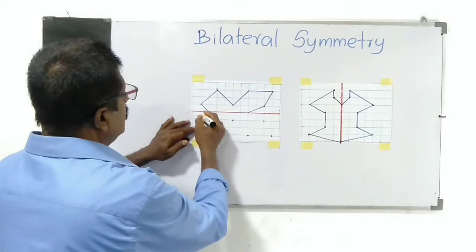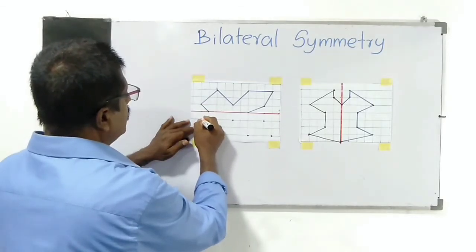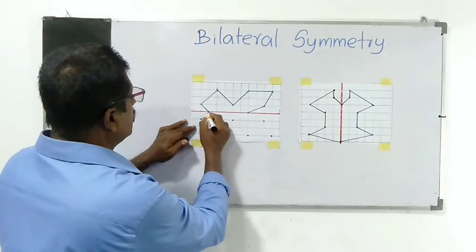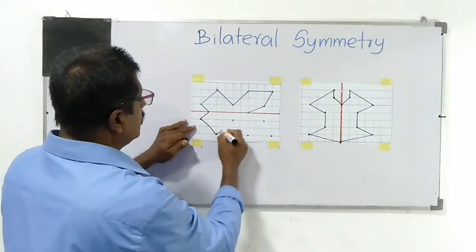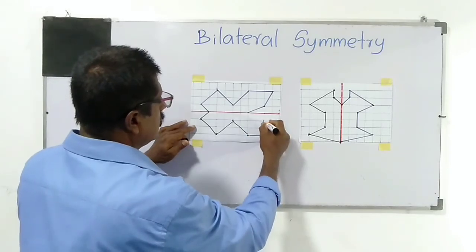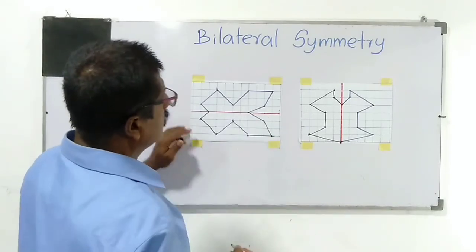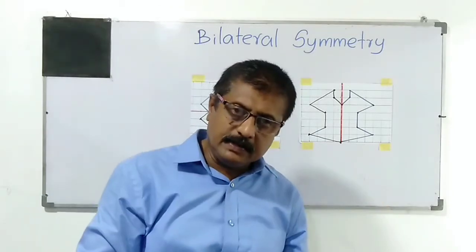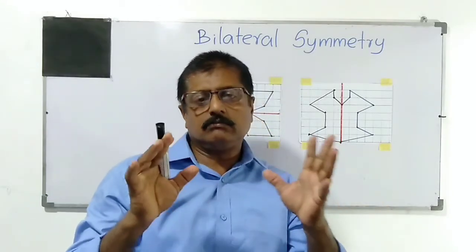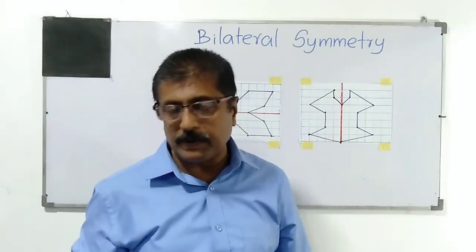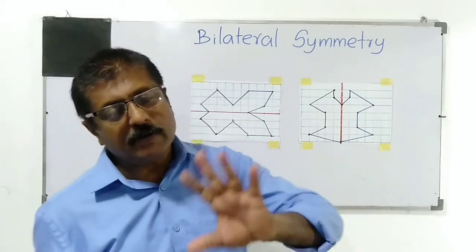Then this one 1, 1. Now you can join them. Here you are, like this. So this is the method of creating a bilaterally symmetric figure on a square ruled paper. Right. This is all what you have to learn.